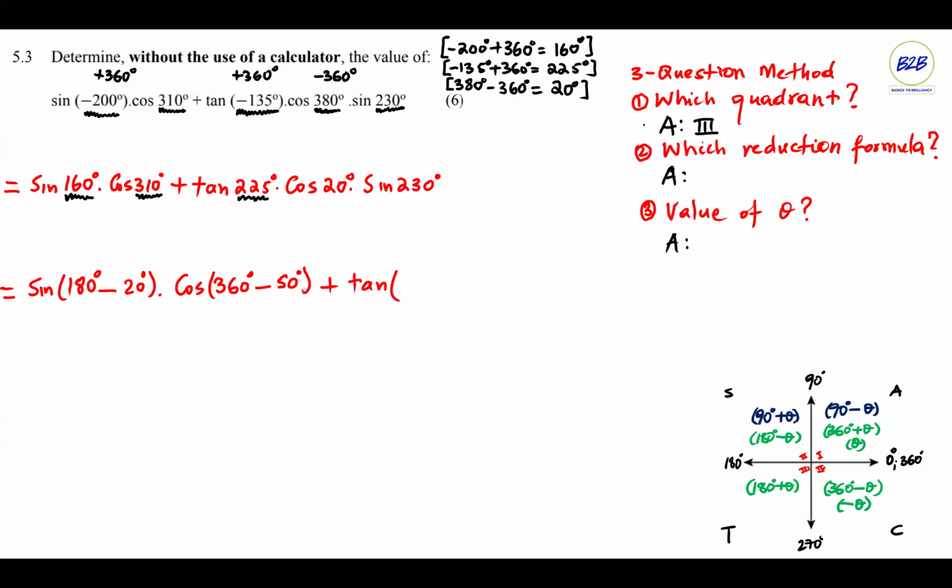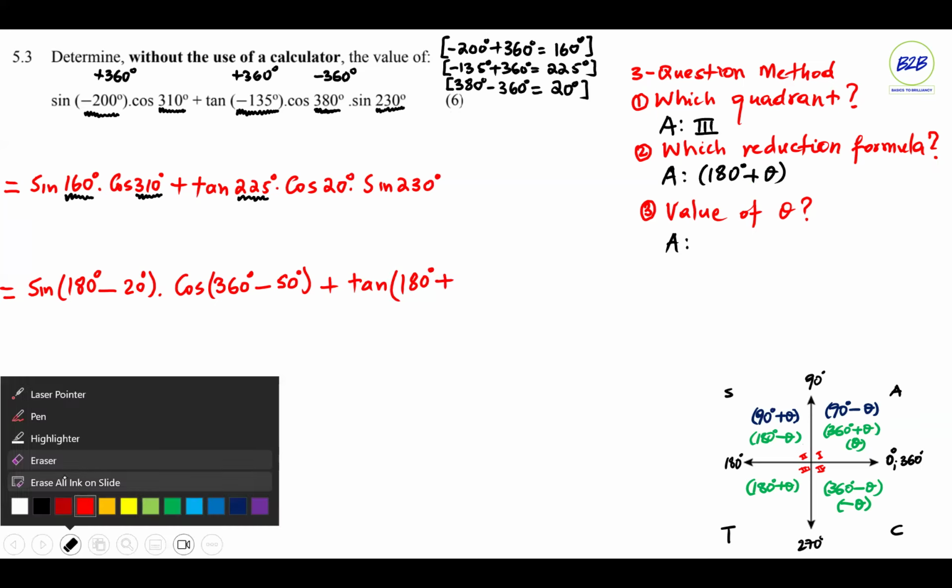And then we ask ourselves, within the third quadrant, which reduction formula is contained there? Which reduction formula do we have? That is 180 degrees minus, oh, no, plus theta. 180 degrees plus theta. So then we come here and say, okay, 180 degrees plus theta. Then the $1,000,000 question is, what value must I add to 180 in order to get 225 degrees?